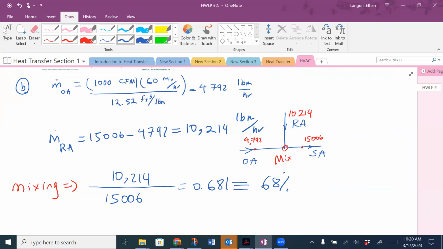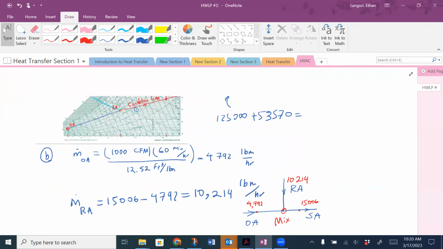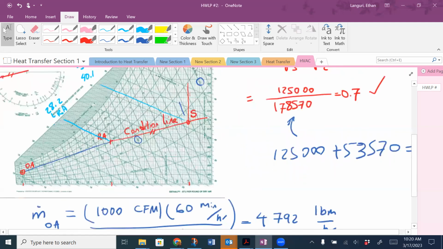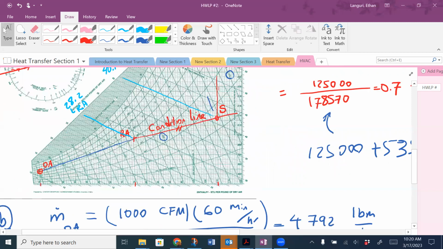So basically all I'm saying is that on my psych chart, if this line is connecting my outdoor to return, then mixing happens somewhere on the line. If the mixing ratio was 50%, it would be exactly in the middle. Now that we are at 68%, and I know return air contributes more in terms of mass flow rate to the supply than outdoor, my 68% is closer to return air.